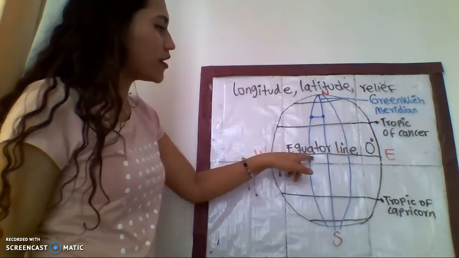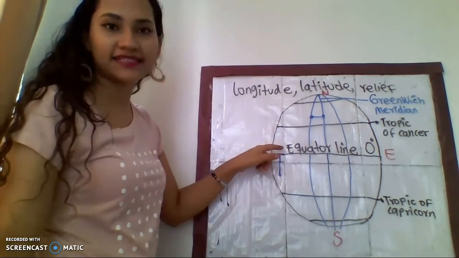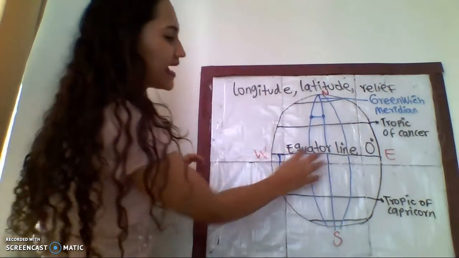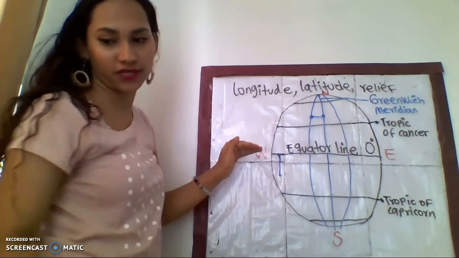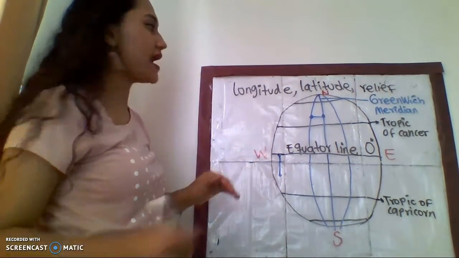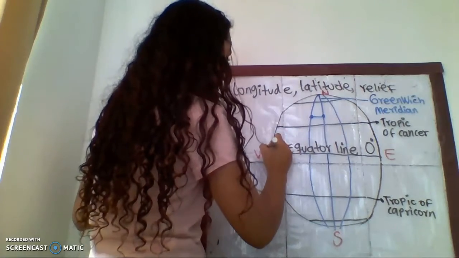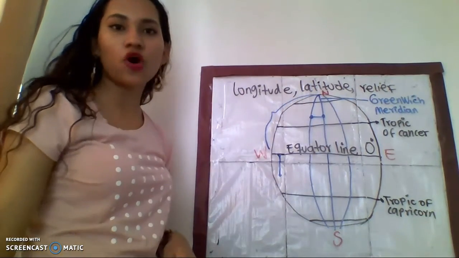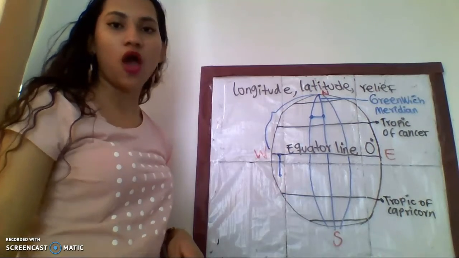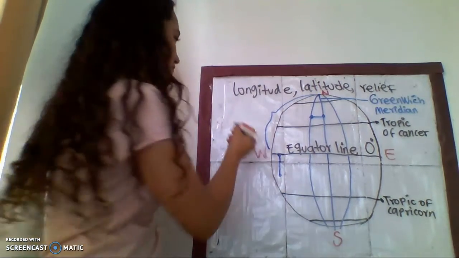Now, this equator line divides the earth into two. La línea del Ecuador divide a la Tierra en dos hemisferios. So the first hemisphere from this to this is the northern hemisphere.